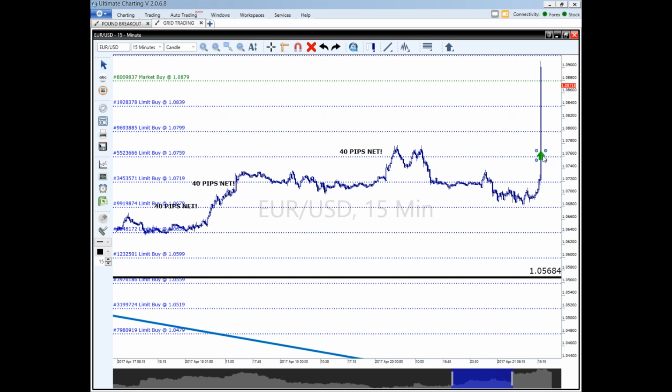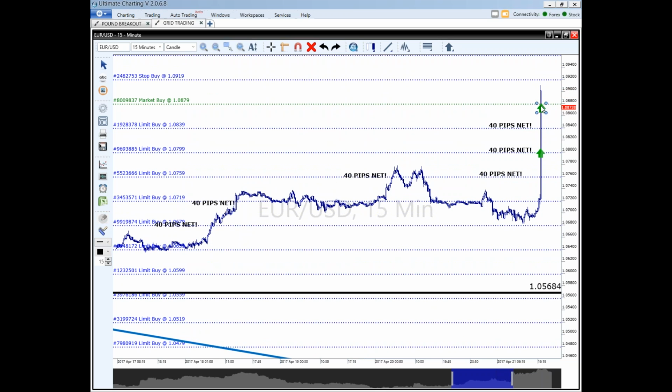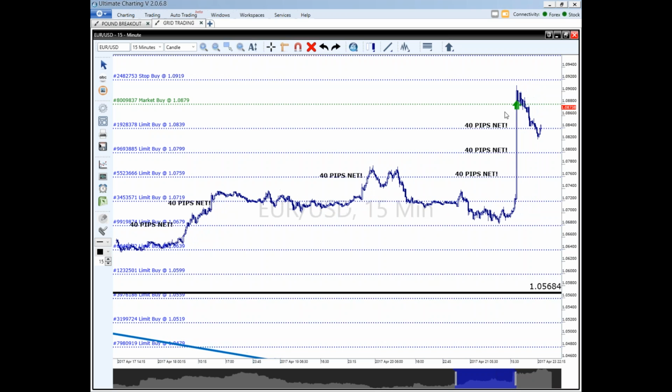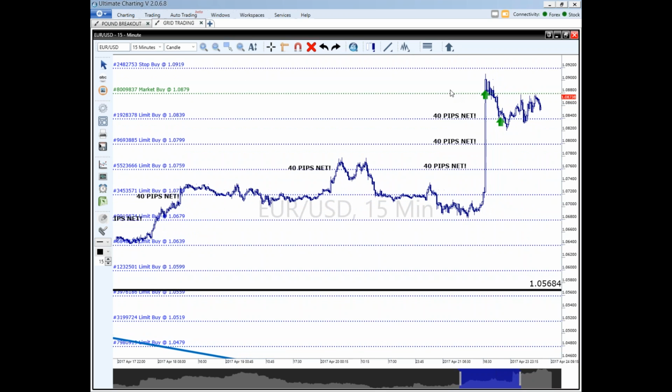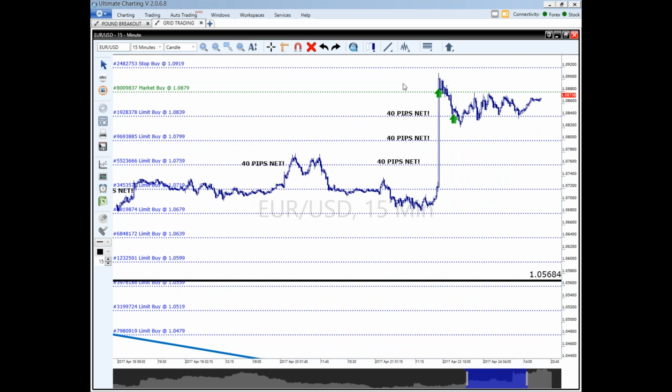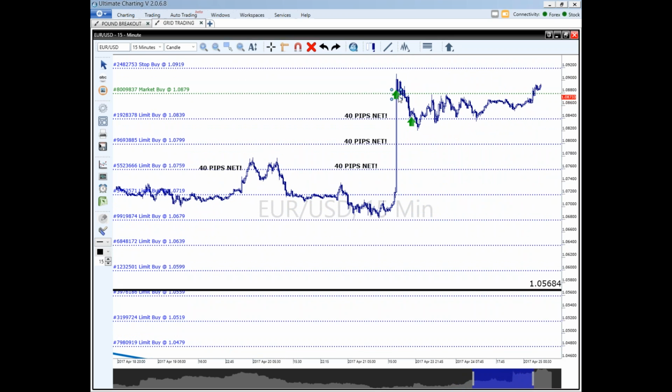Okay, so break even, then 40 pips net, size in, 40 pips net, size in, 40 pips net, size in, 40 pips net, strategically size this back in here. 40 pips net on our trades.